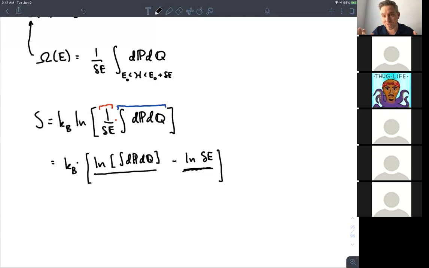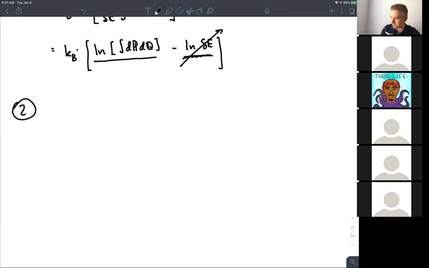So one of the first things we're going to do is we're just going to stop writing this delta E, because all it does is just shift the overall entropy up and down by some meaningless constant in any case. So that's the first thing we're going to do, is drop the delta E. So no more delta E, because it's just understood that all it's doing is just shifting absolute values of the entropy.